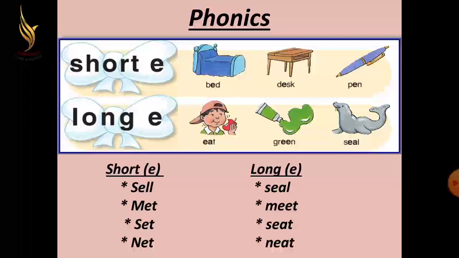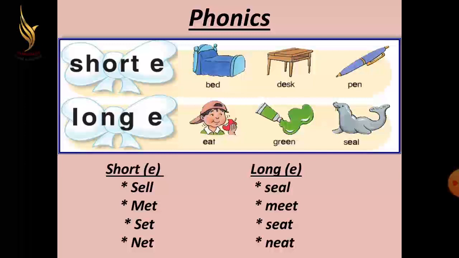So the letter E makes two sounds, short E and long E. Now let's read examples to differentiate between the two sounds. The word sell, the letter E makes the short sound. While the word seal has the long E sound.